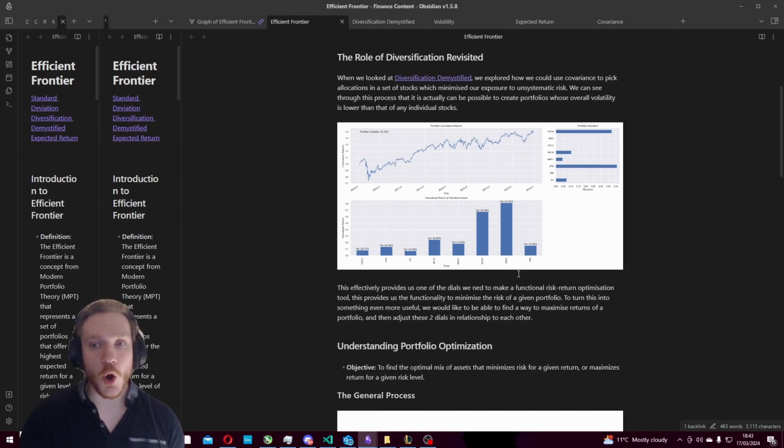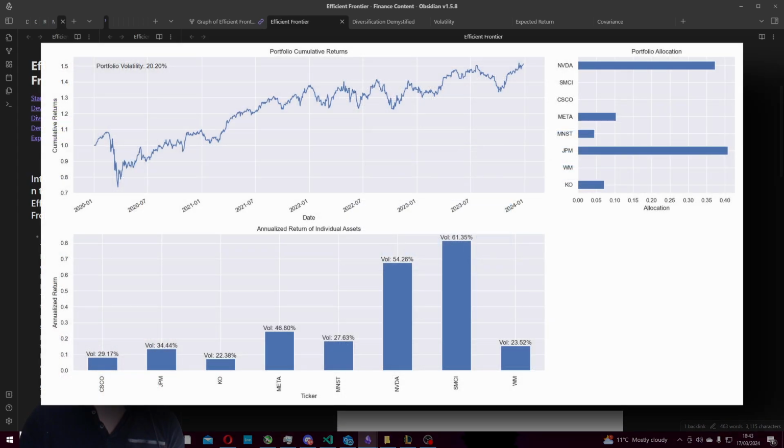When we optimize our portfolio in this way, when we optimize our allocations to minimize volatility, we end up with this interesting scenario where the resulting price action graph and the return that we get from it over a period of time actually displays a level of volatility, our portfolio volatility, that is lower than the lowest volatility of any individual stock on this graph.